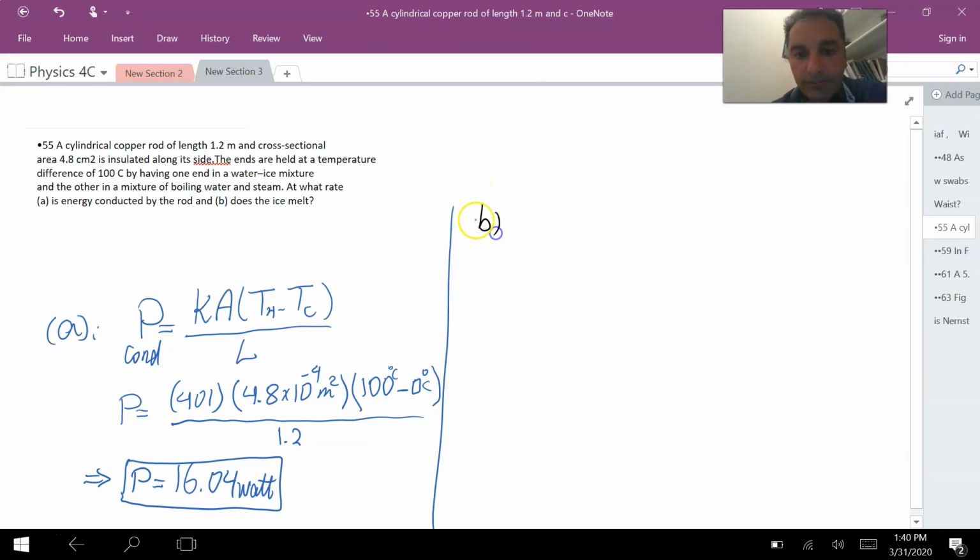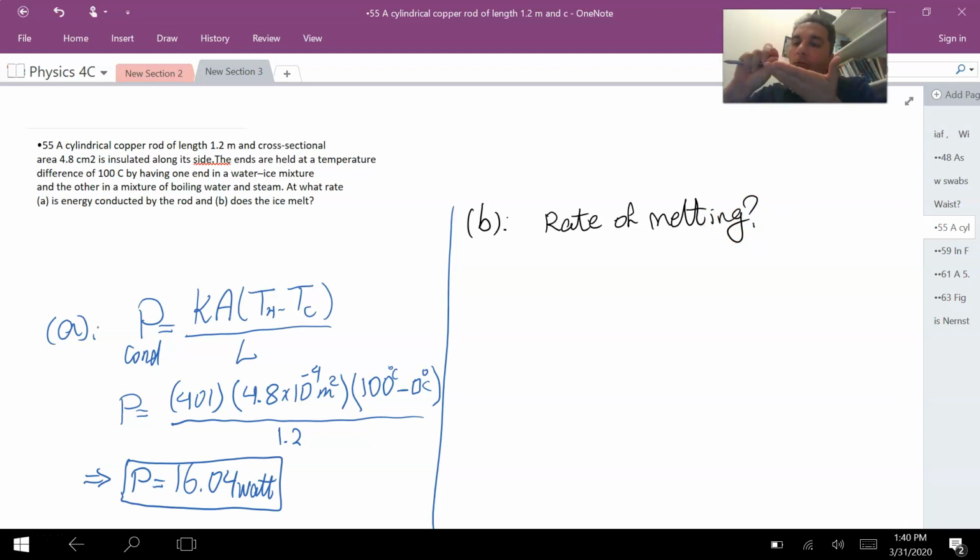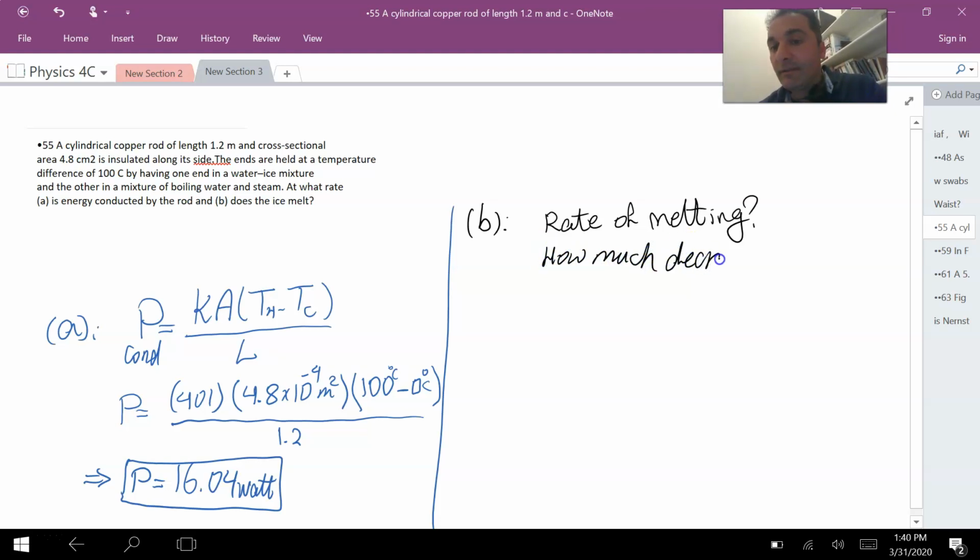Part B. At what rate does the ice melt? Rate of melting means how much decreases by time.